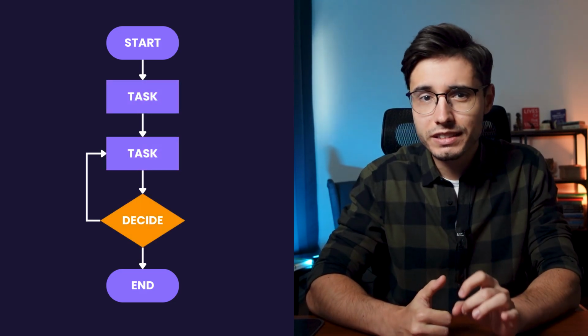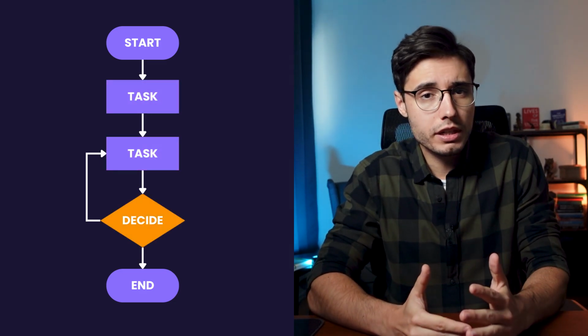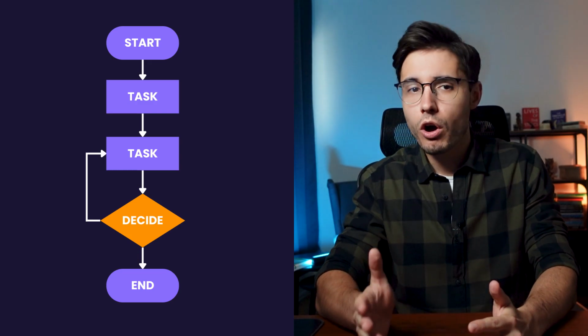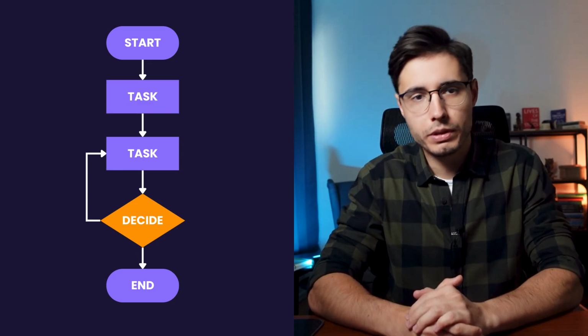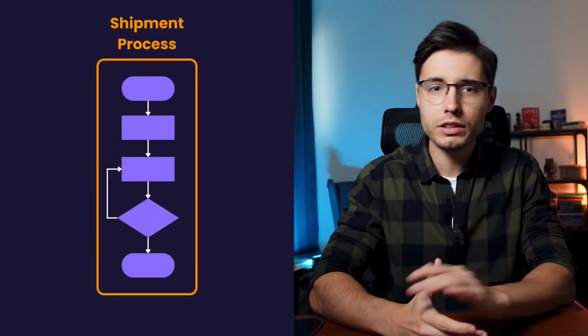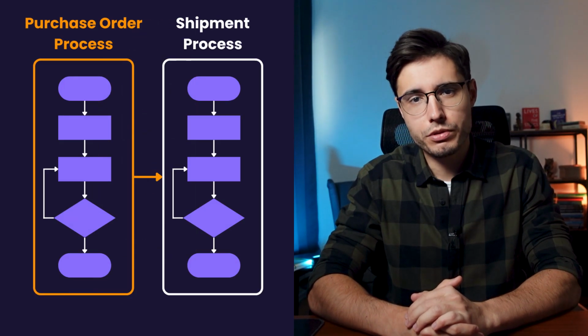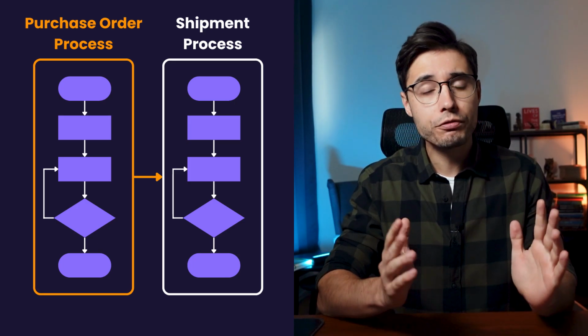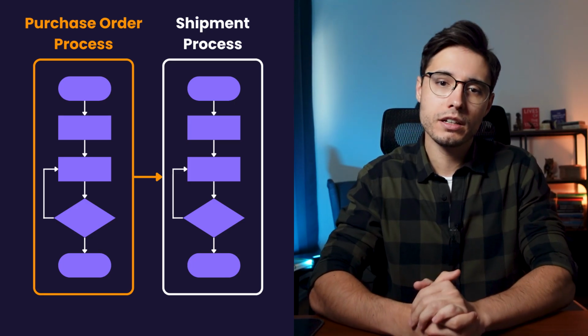We also have critical decisions along the way, like choosing the right freight forwarder. This choice impacts everything from cost to delivery speed and reliability. And in this case, shipments are actually triggered by another process, the purchase order process. So we could even decide to map out that process too to get a full picture of how everything connects.